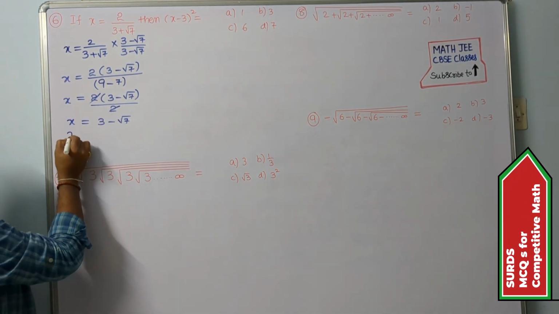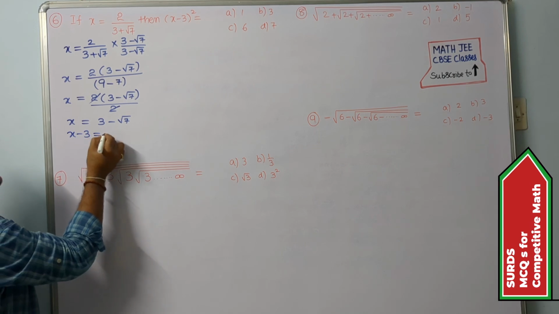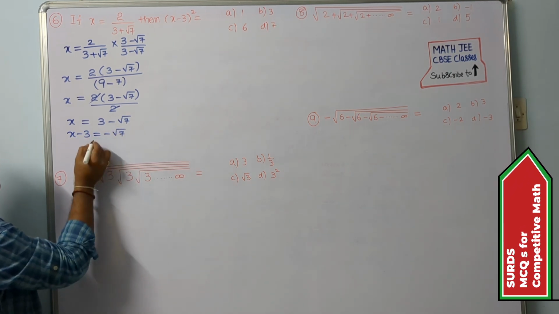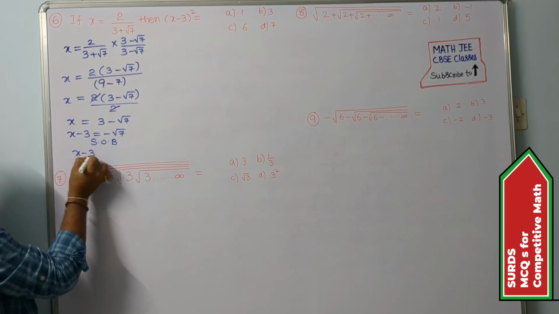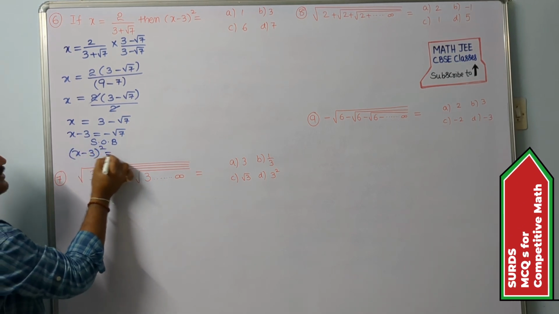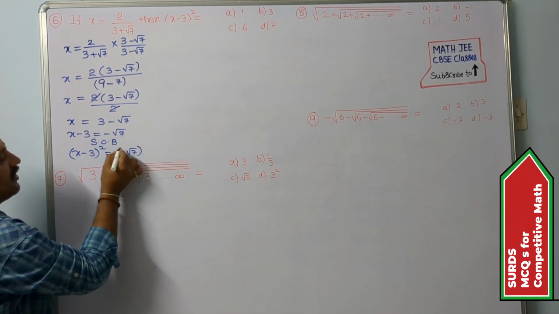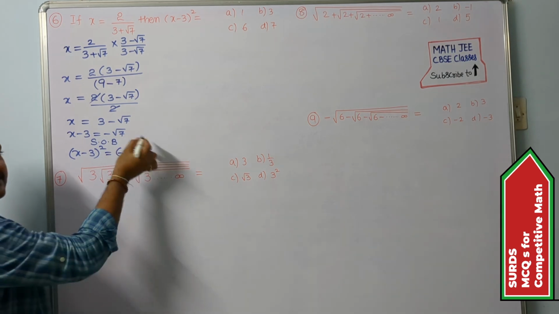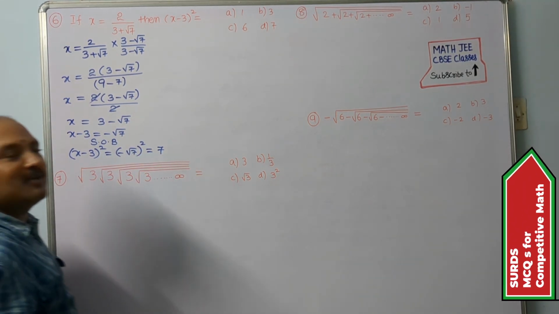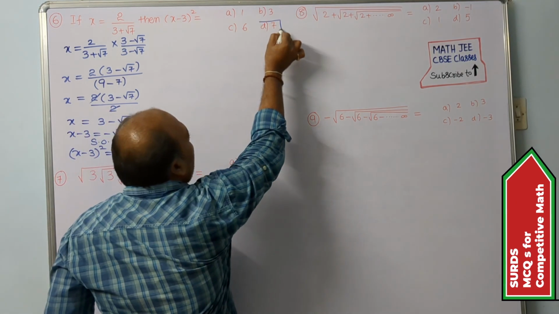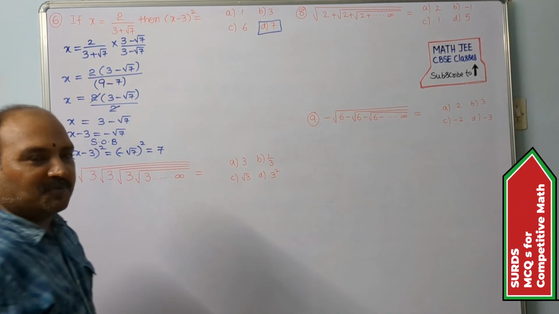So 3, bring this side. x minus 3 is equal to minus root 7. Squaring on both sides, (x minus 3) whole square is equal to (minus root 7) whole square. Minus square means plus, (root 7) whole square is 7. So our answer is 7. It is there in the fourth option.